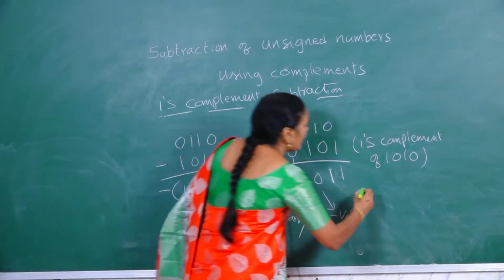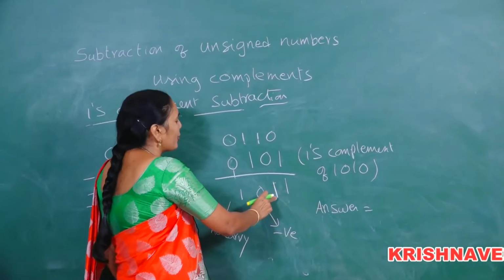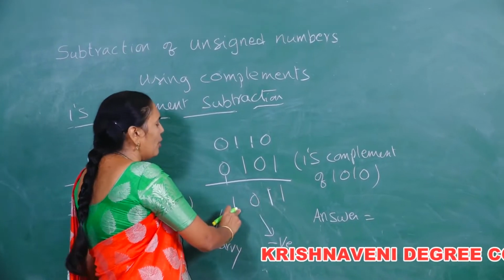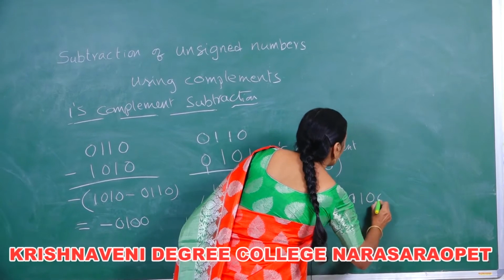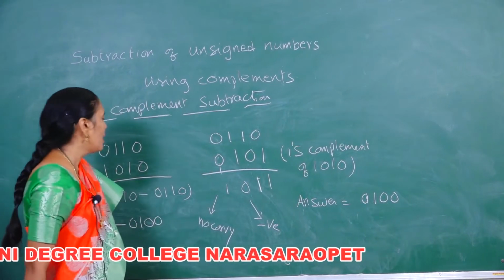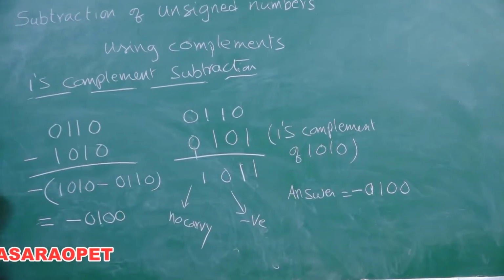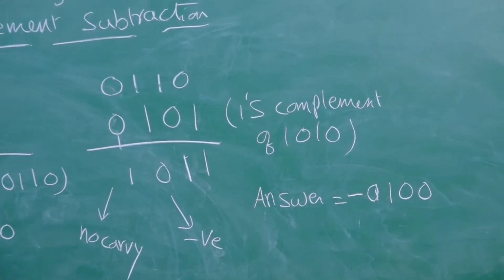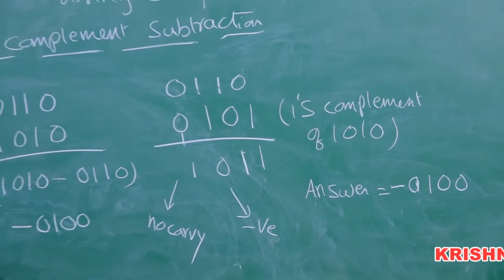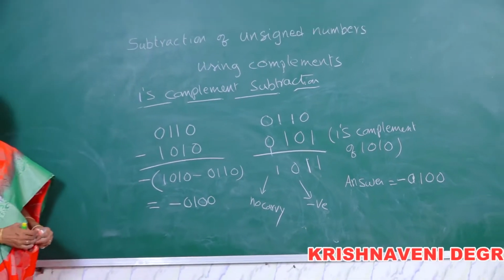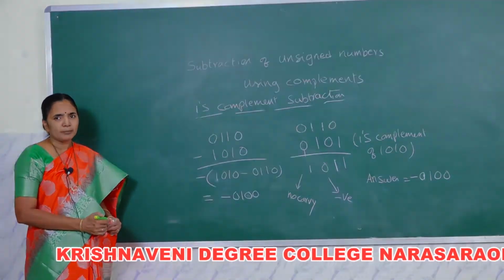In order to get the answer, we have to calculate the ones complement of the obtained answer, which is nothing but 0100. And as we have recomplemented, we have added a negative sign. This is the process of doing the subtraction through addition in r minus 1's complement or r's complement.